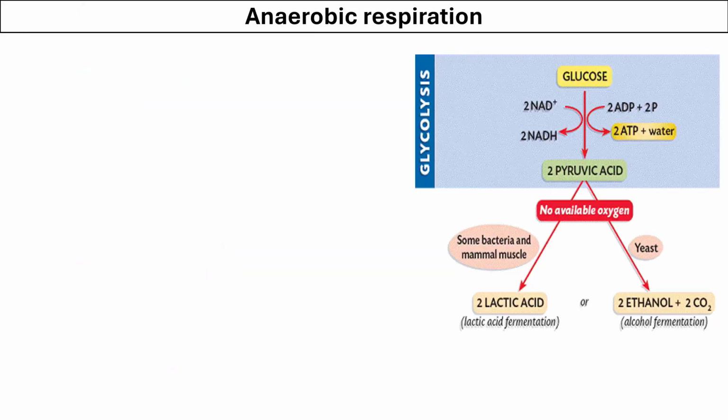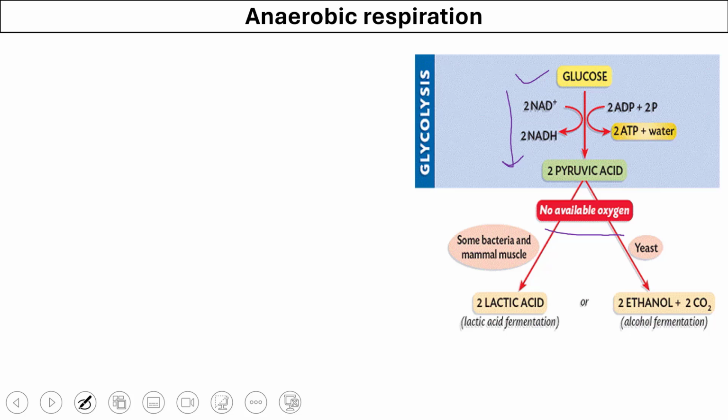Now, what we have studied till now is the aerobic respiration in which oxygen was used. We started with glucose. Glucose forms 2 molecules of pyruvate or pyruvic acid, and that enters into the Krebs cycle. But let's say there is a situation where there is not enough oxygen available and the cell has to enter the anaerobic respiration.